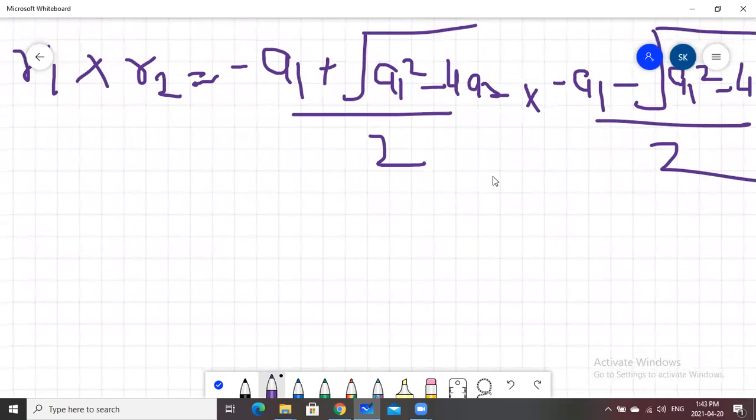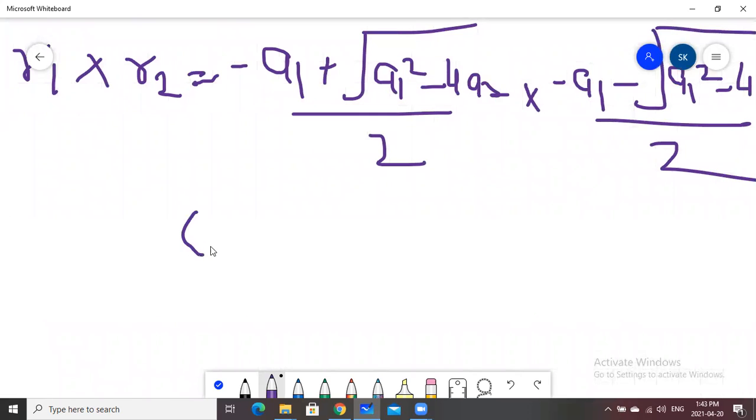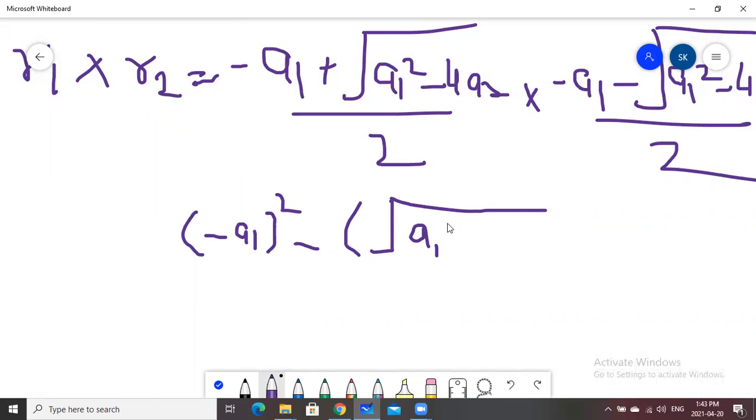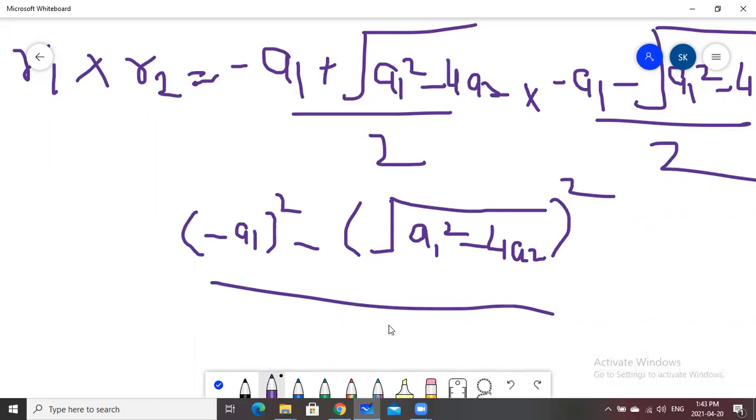Now what we get over here is minus a1 the whole square, then minus the square of this whole square root, that is a1 square minus 4a2, the whole divided by 2 times 2, which is 4. This square will be cancelled out with the square root.